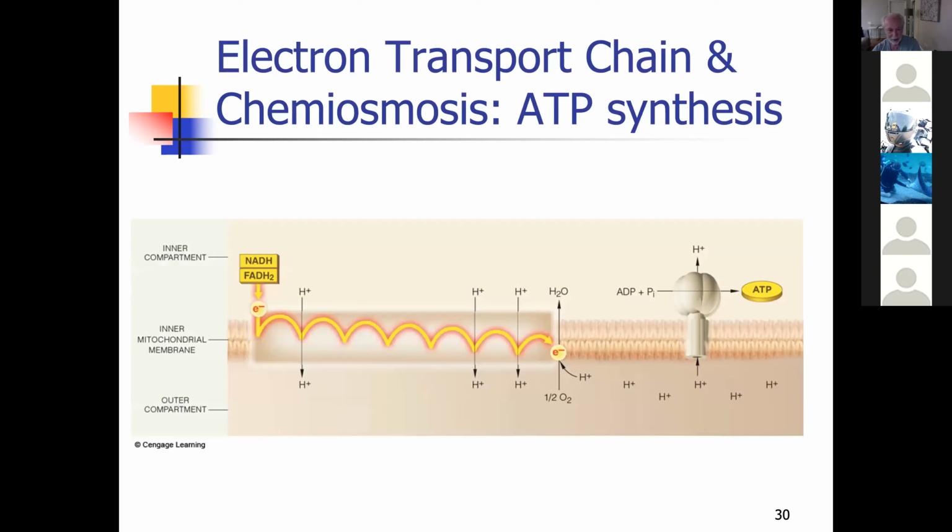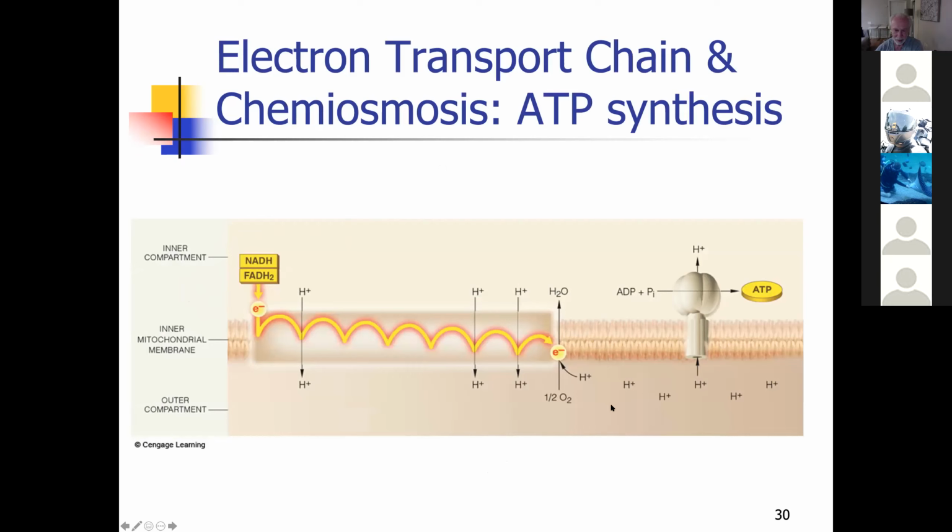And finally, the electron transport chain and chemiosmosis. This summarizes the entire process from the cytoplasm through the mitochondrial membrane to chemiosmosis to ATP.